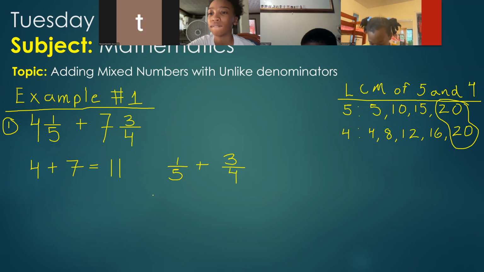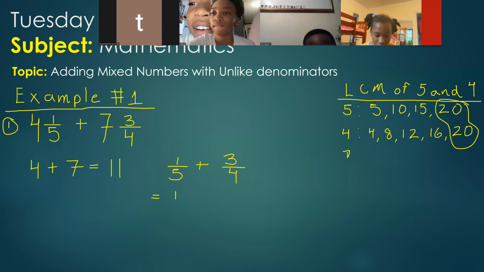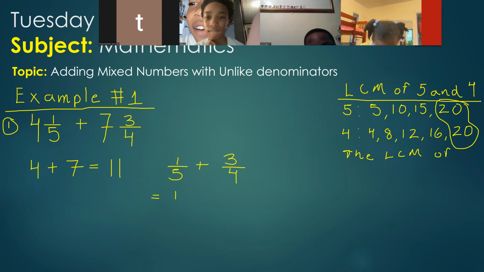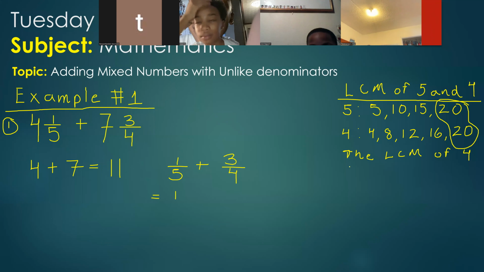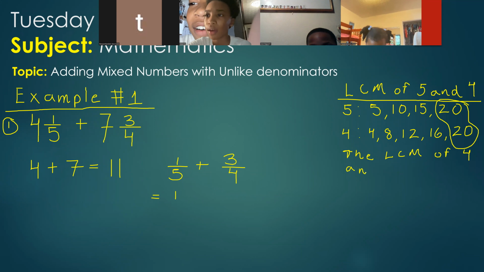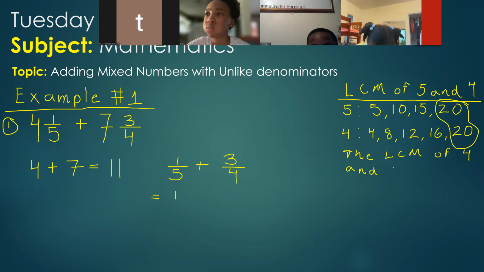So we say the lowest common multiple, the LCM of 4 and 5, is 20.